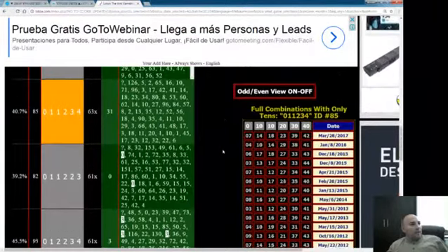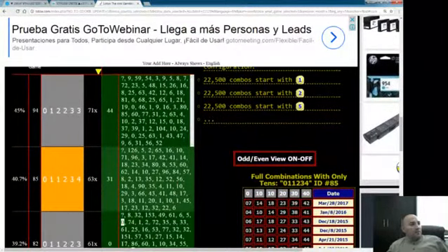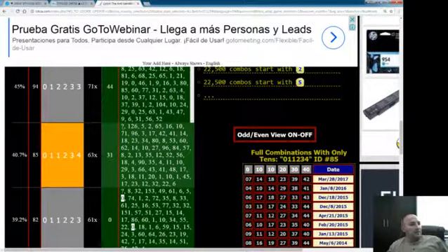And this green number tells you how often this 0, 1, 1, 2, 3, 4 played. So 126 games went by, and then it played again. 5 games and it played. 2 games in between and played. 65 and so on.